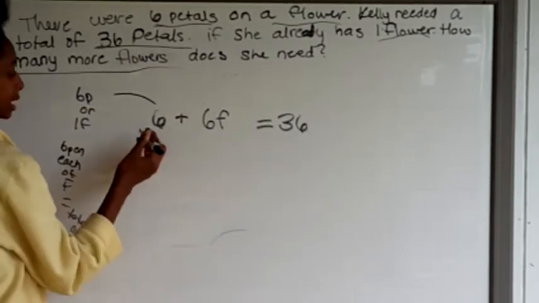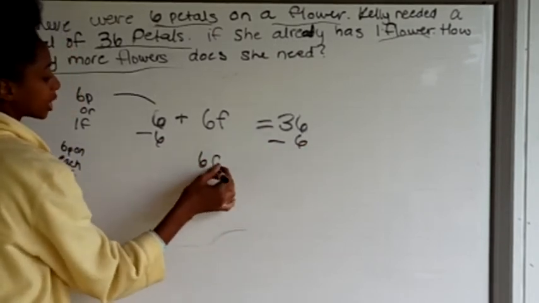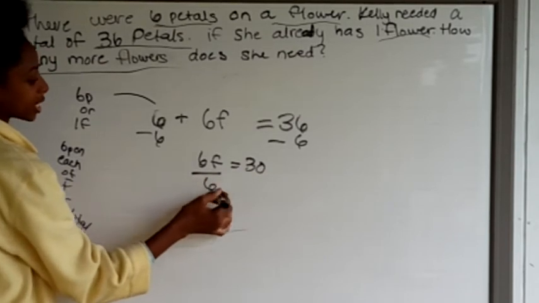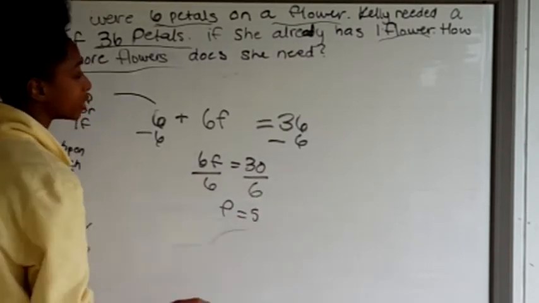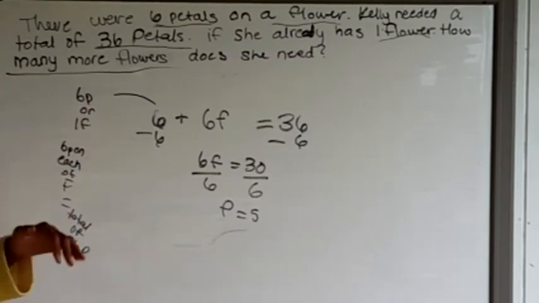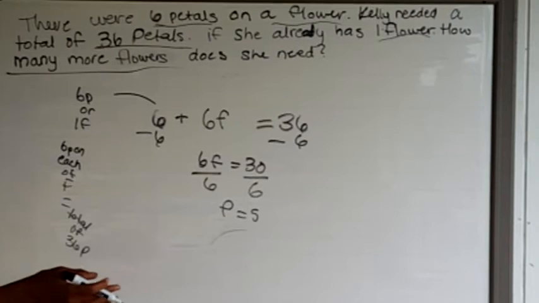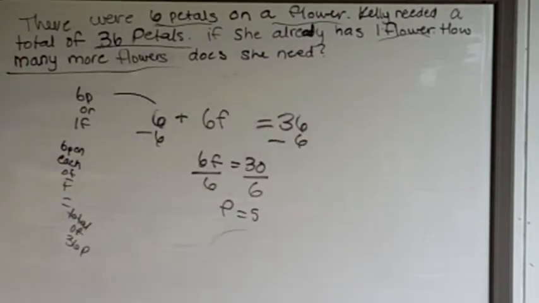Alright, so now we work this out and we subtract 6. That leaves us with 6F equals 30. Then we divide by 6. And so F equals 5. So she needed 5 more flowers, which each had 6 petals on it, which was a total of 30 petals, plus the 6 petals she already had, which gave her the 36 petals that she needed.